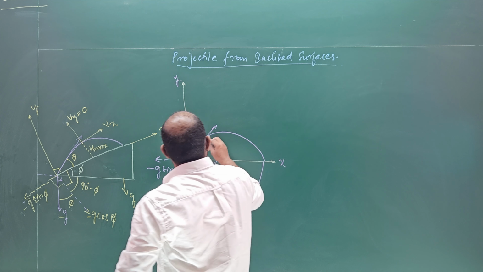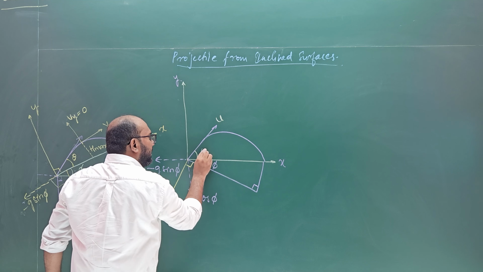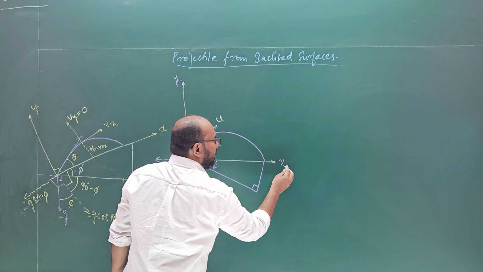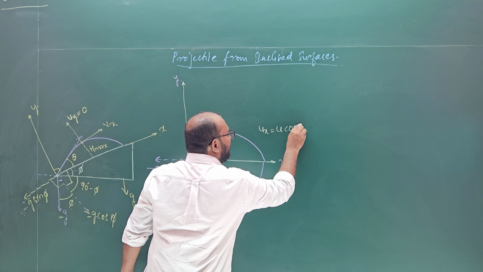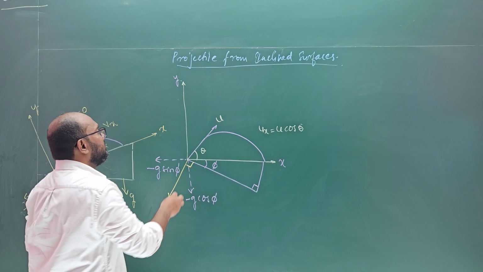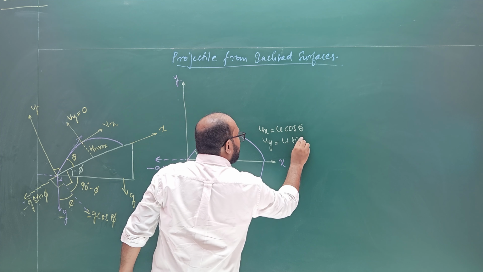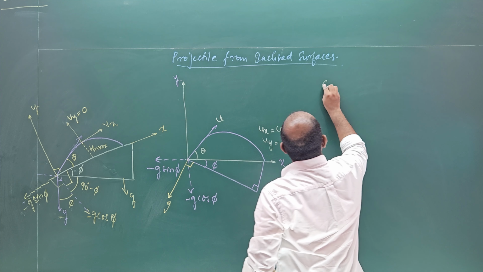Consider this is being initially incident with initial velocity u and it is making an angle theta. So इस direction में क्या होगा? U cos theta. So along x-axis, ux is nothing but u cos of theta. Okay. Similarly in y-axis, uy is equals to u sine of theta. Now tell me acceleration along x-axis.